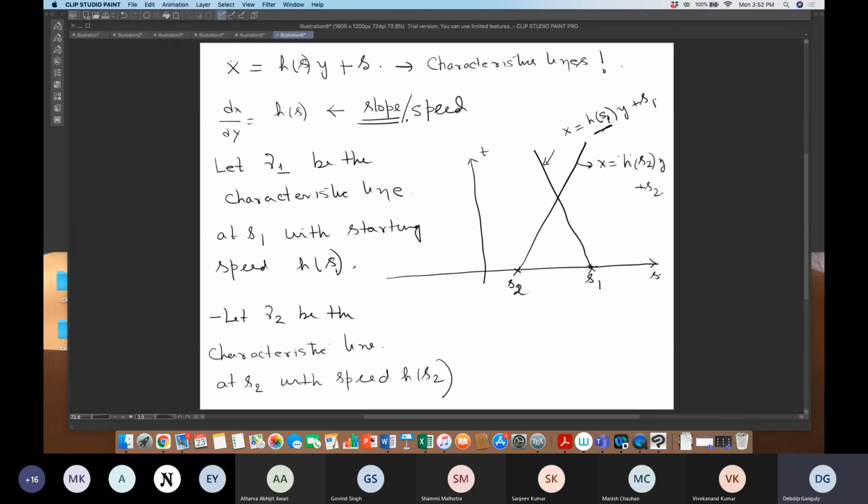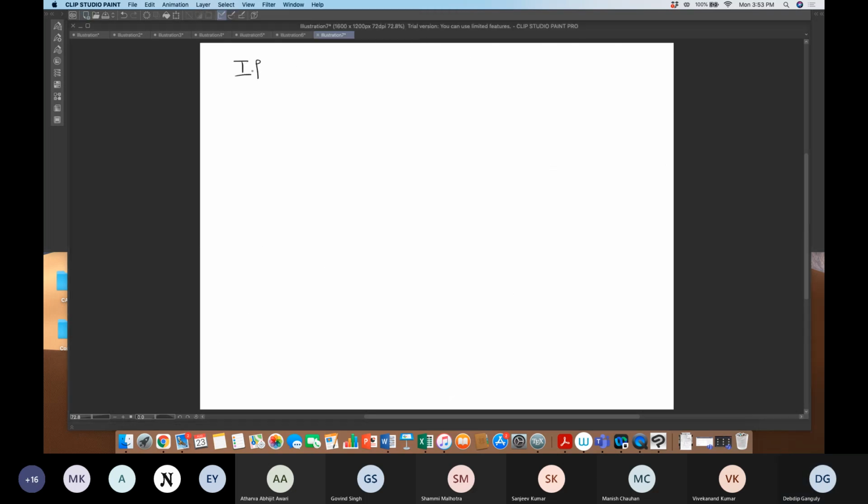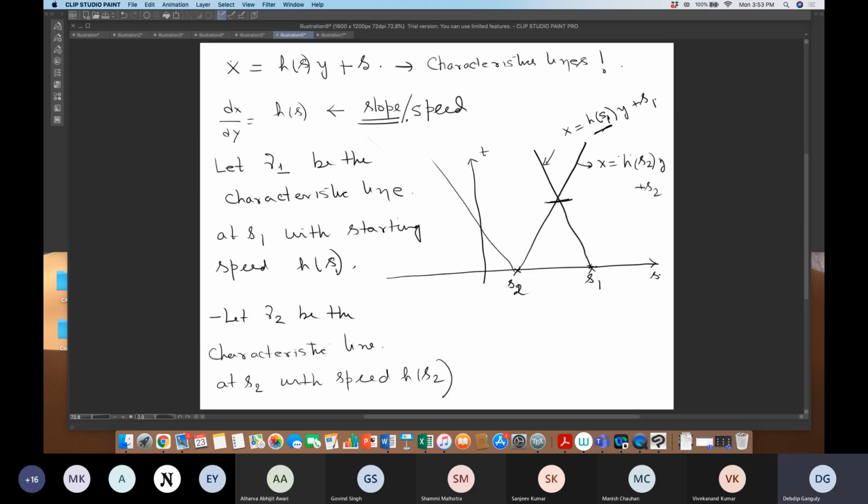Now you can ask me why these intersect. It can happen that they also go like this. Let us assume that gamma 1 and gamma 2 intersect, somewhere like this.